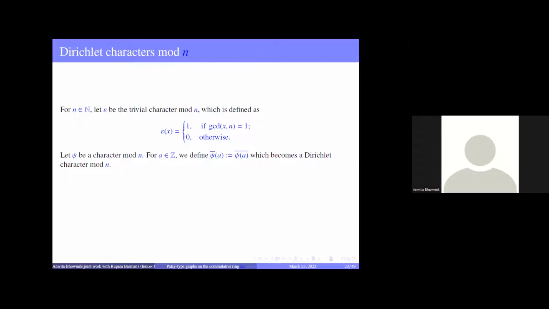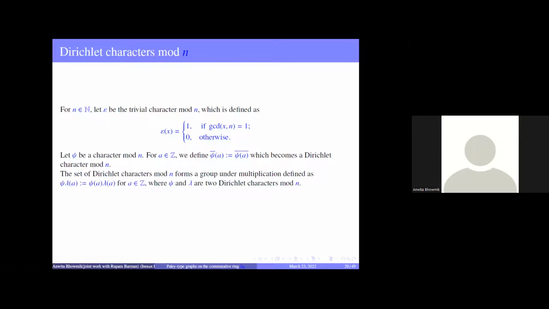And it turns out that the set of Dirichlet characters mod n forms a group. For that, corresponding to a character psi, we define psi bar as another character. So psi bar of a is nothing but the complex conjugate of psi of a.